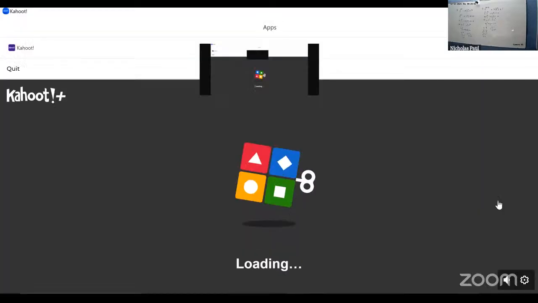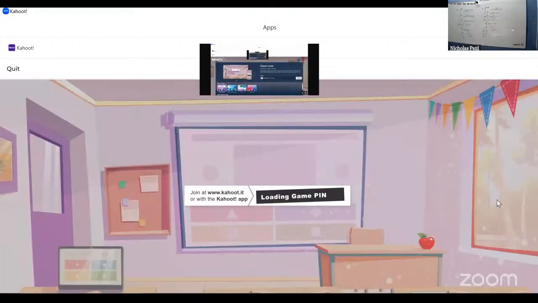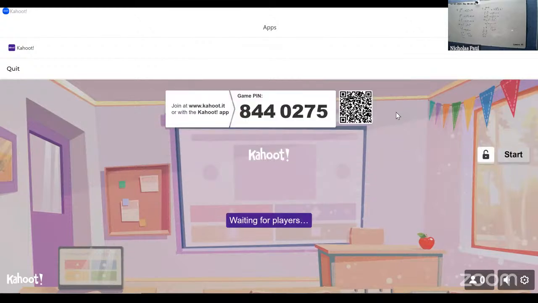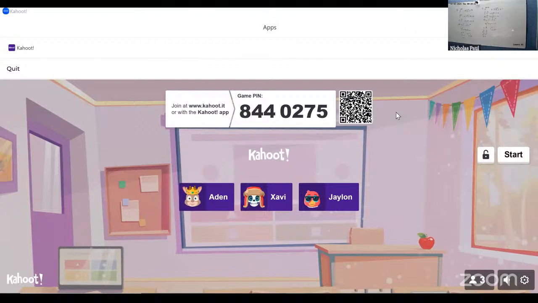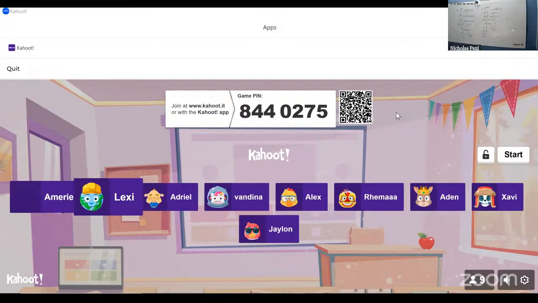Let us go. Right, log in there. Alright, log in.